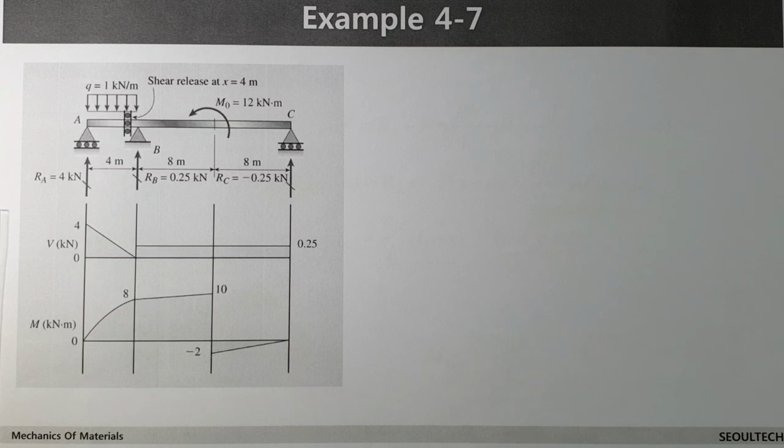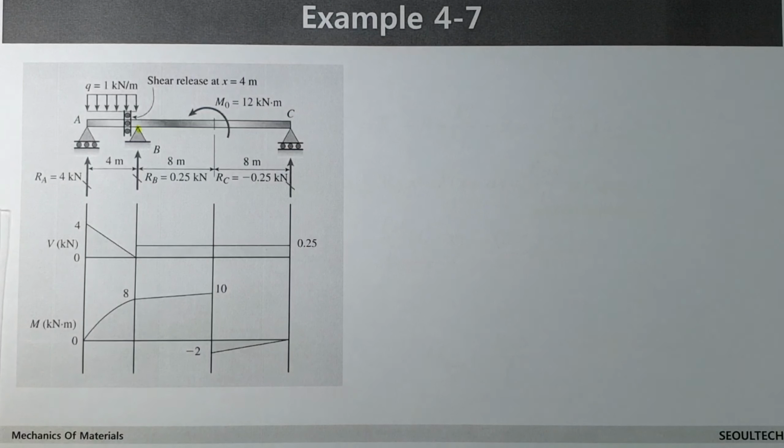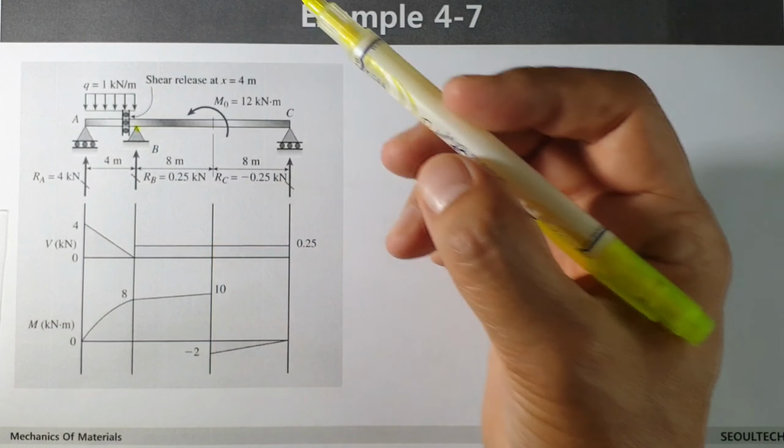Okay, now let's consider another example. In this example, we deal with a very special type of beam. When you think about this beam, in the middle we have a point where movement is fixed, but rotation is free.